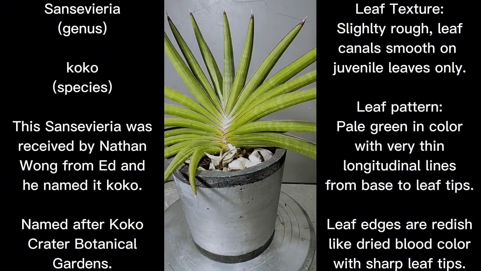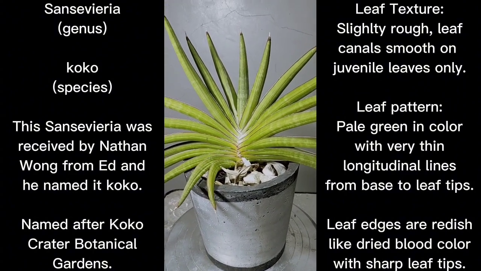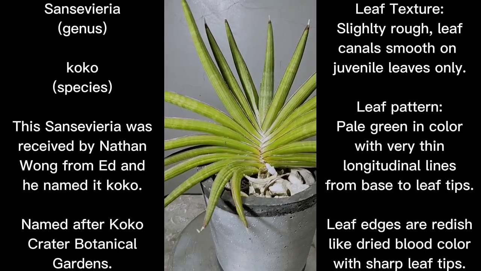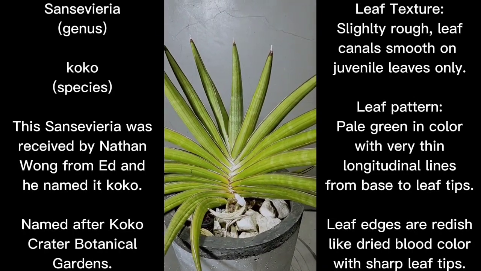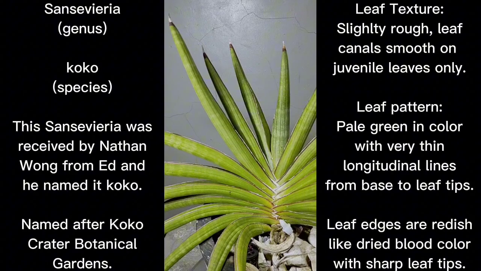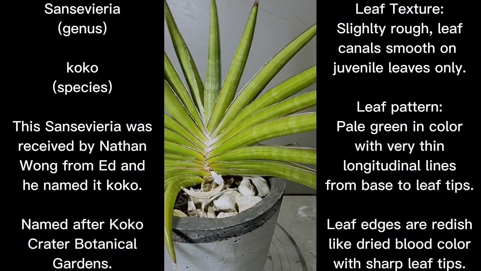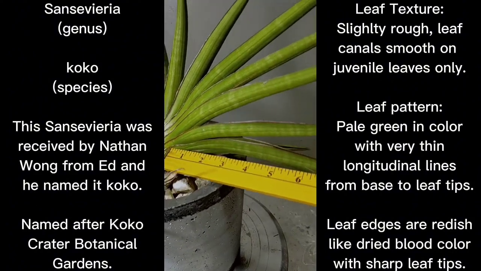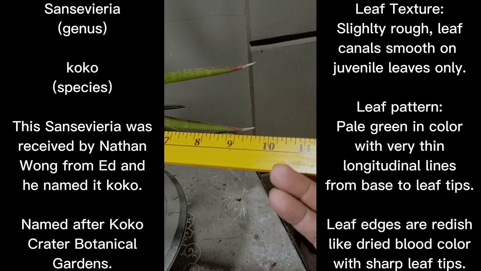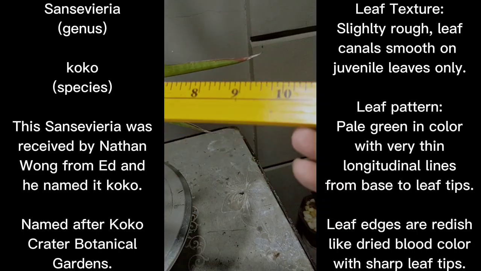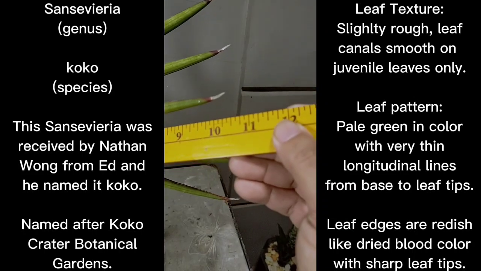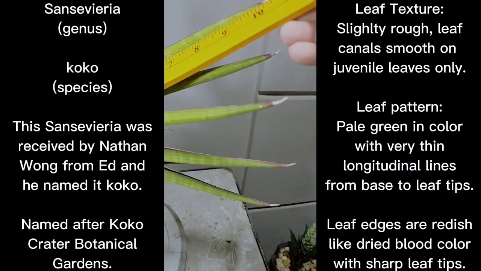For the entire width from tip to tip, it would take the space of about 2 feet. For the individual leaf length, it would be around 10, maybe 11 for this one.